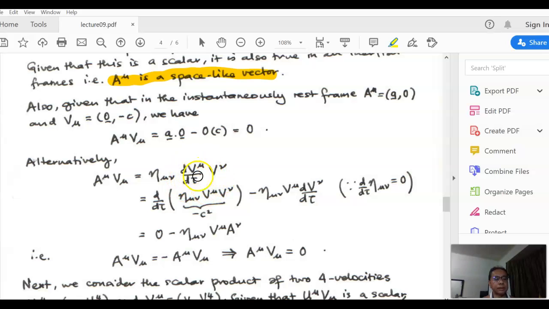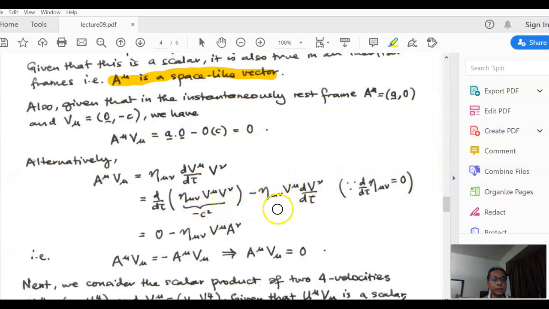It's just doing the product rule. Now the total derivative is taking the scalar, which has the value minus c squared, so d tau of minus c squared is just 0.